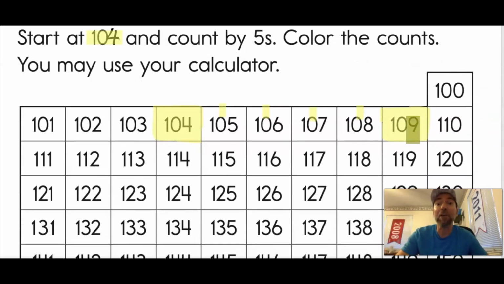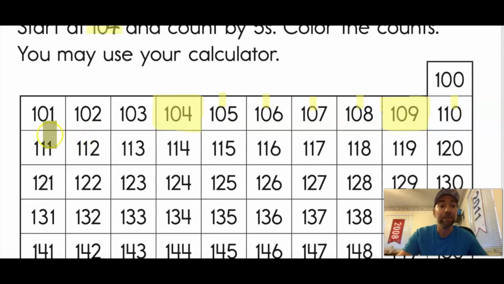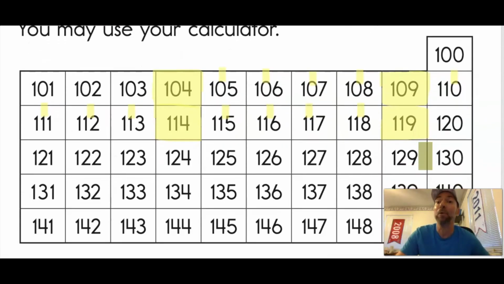Now I have to count another 5. 1, 2, 3, 4, 5. 114. Now I have to count another 5. 1, 2, 3, 4, 5. 119. Now what do you think my next number would be if I'm counting by 5s?